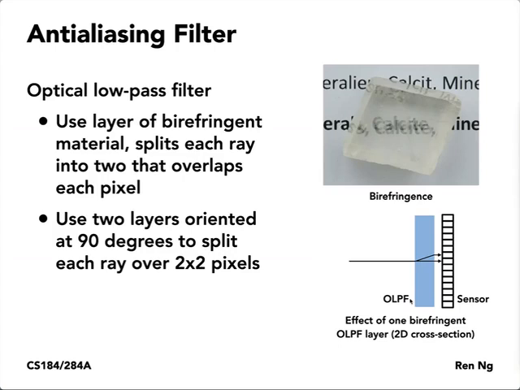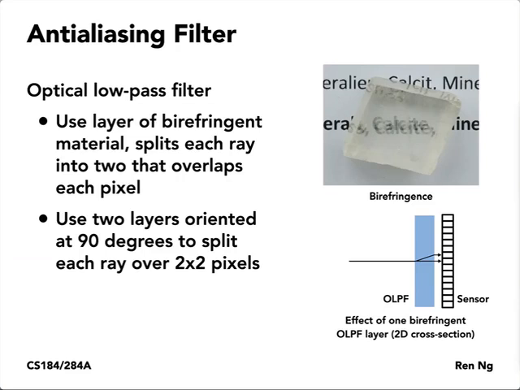And the thicknesses of this low pass filter crystals are exactly machined so that the exit distance, the gap here, is exactly the same as a pixel spacing. Okay, so the ray that would have gone to 1 pixel is replicated into 4 exit rays, optically speaking, and those 4 rays of light will go to a 2x2 array of pixels. That's what's going on in this optical low pass filter, okay?